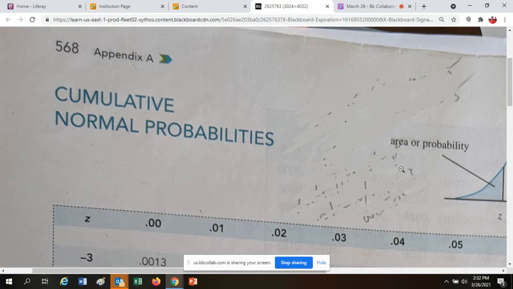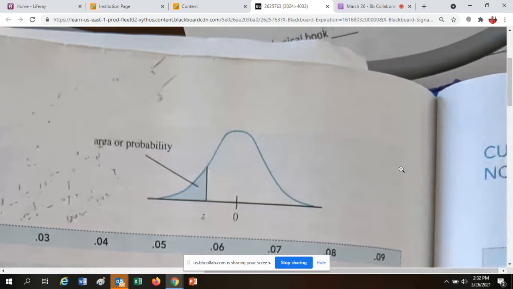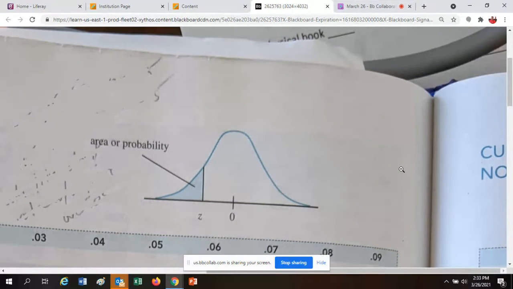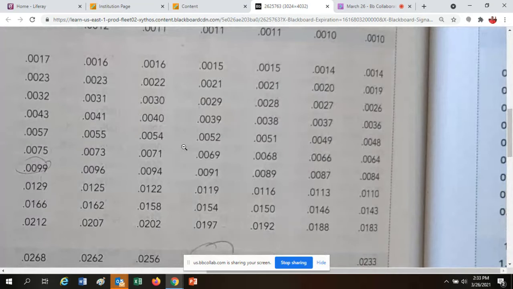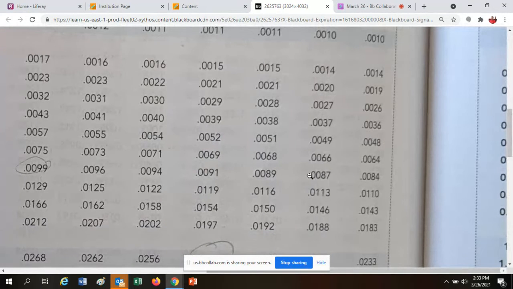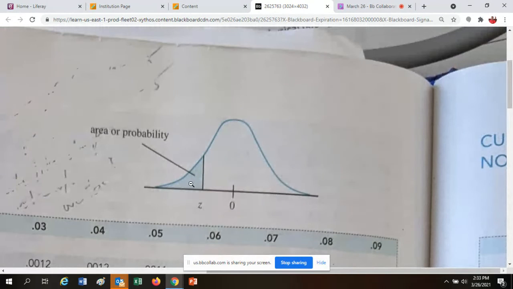All right, so what we are looking for is what? When we look over here, this is the shaded area. If we're looking for the Z value that has 90% in the middle, we are looking for the Z value that has 5% in the left-hand tail, right? And there's going to be 5% on the right-hand tail right over here as well. But in our table in the back of the book, we are going to look inside here for where we have 0.0500, because the inside of the normal table gives us this area, right?